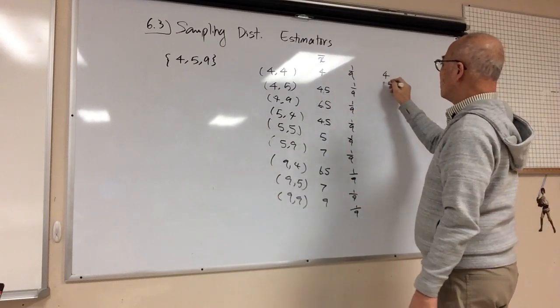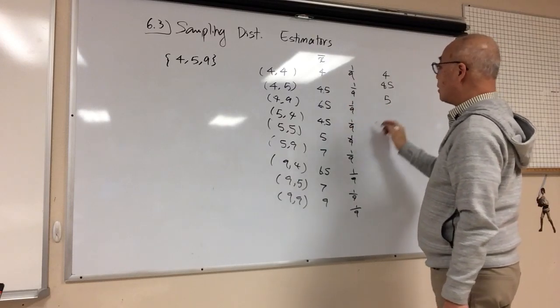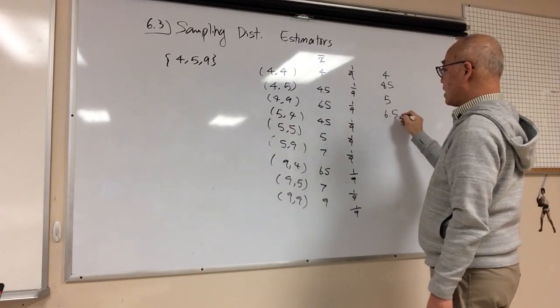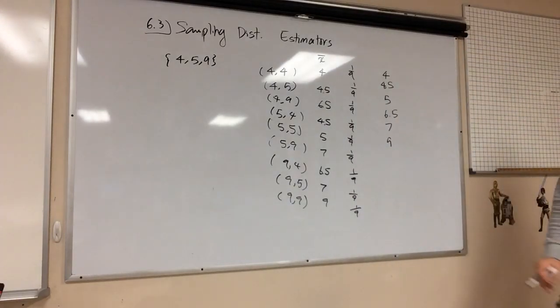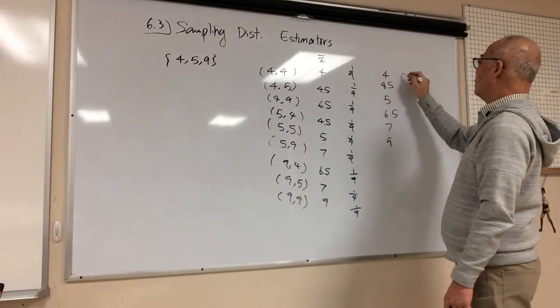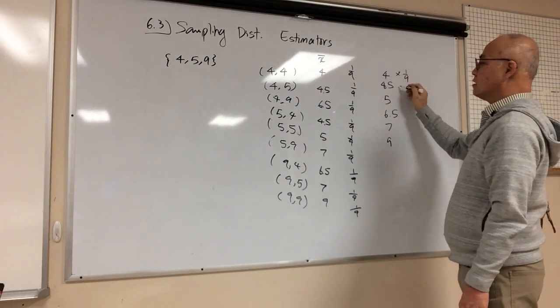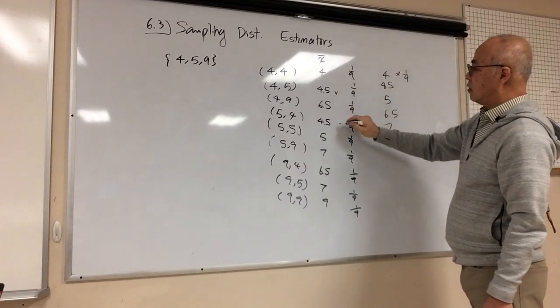Okay. So what are the possible values that I can get here? I can get 4, 4.5, 5, 6.5, 7, and 9. Right? So what is the probability when you're getting 4? 1/9. There's only 1, right? What's here? 2/9. I have 1 here and 1 here.